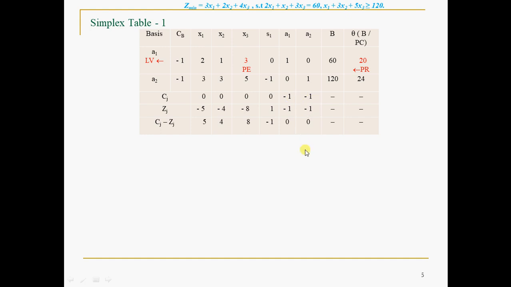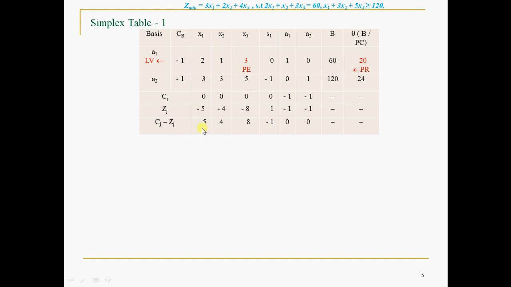You have to refer to the auxiliary LPP and write its coefficients, which is nothing but Cj. You know how to compute Zj. For example, it's as usual this into this plus this into this: 3 into minus 1 plus 2 into minus 1 is minus 5. Like this you calculate Zj for all.